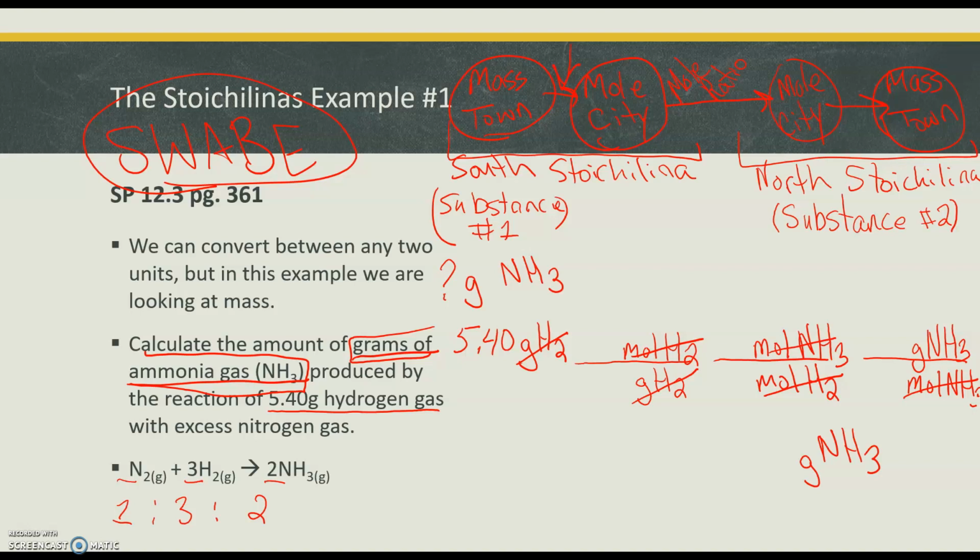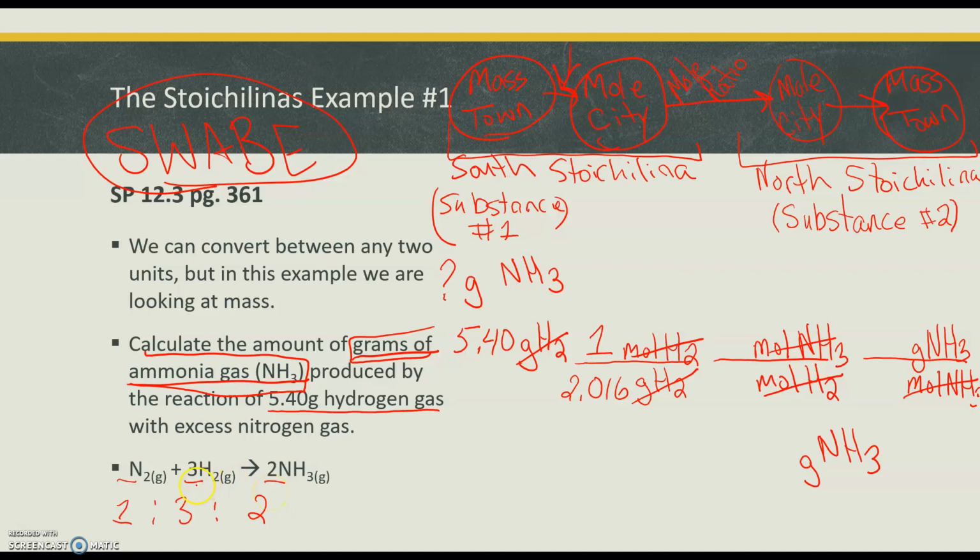We know, or we can calculate, that the molar mass of hydrogen gas is going to be 2.016. And we know that this is per 1 mole because it's a ratio. Here, when we're looking at our mole ratio, we need to come back over to our balanced equation.